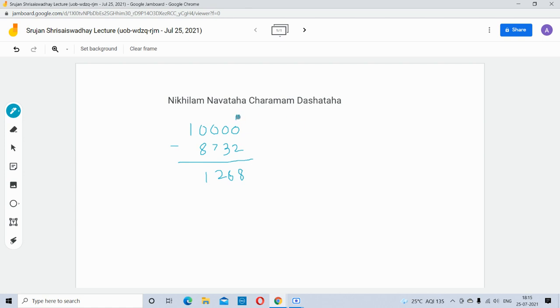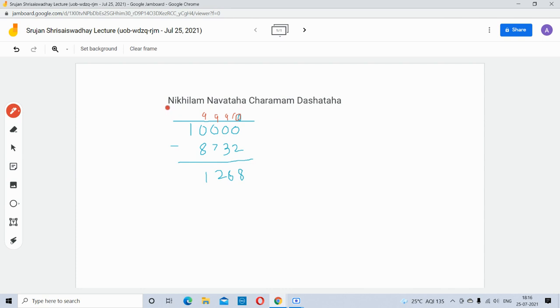So this is the digit you are going to subtract. I'm going to mark it with a different color. Let me mark it as a 10. Then this should be from 9, this should be from 9, and this should be from 9.